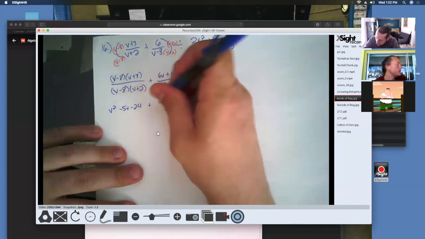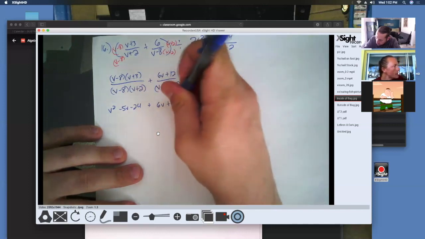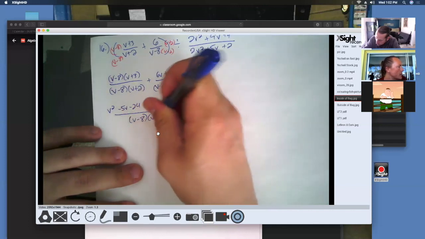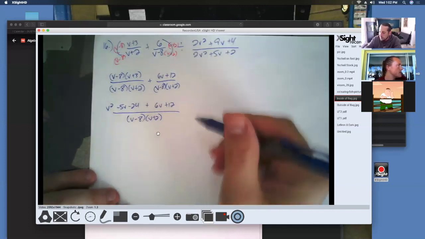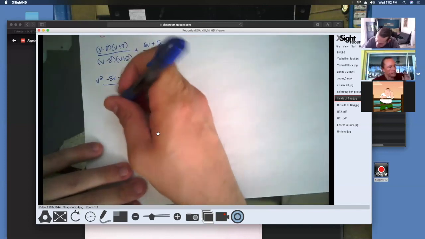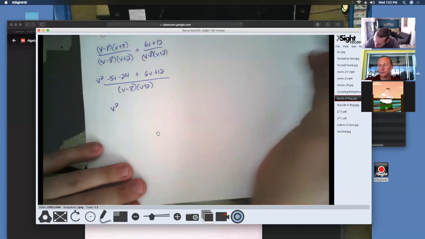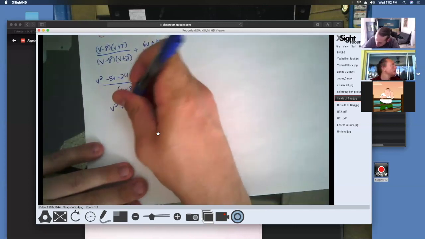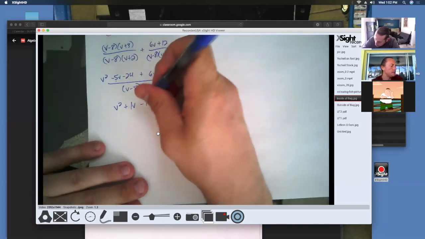And I'm adding this to it, 6v plus 12, because I have my common denominators now. Combine like terms: I have v squared, negative 5 plus 6 is plus 1v, and then minus 12.